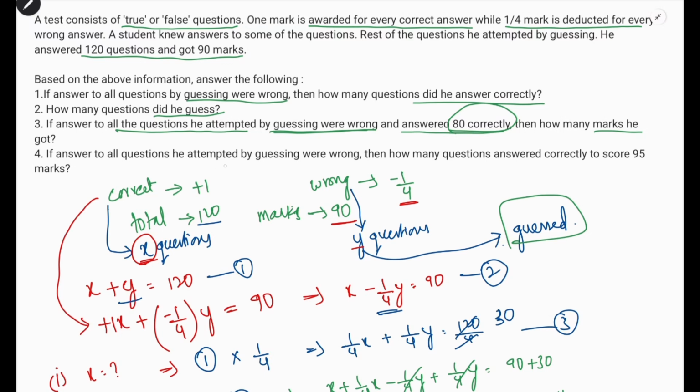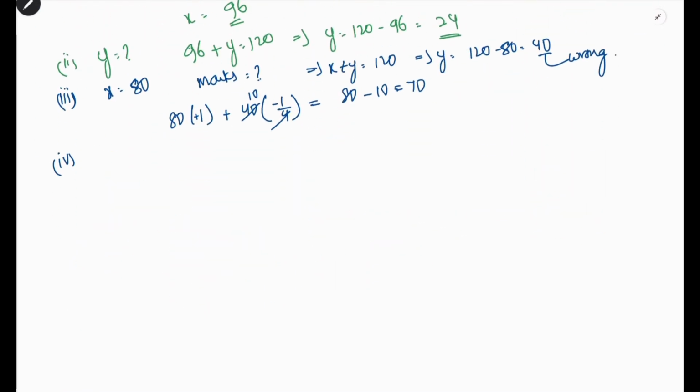If answers to all questions he attempted by guessing were wrong, then how many questions must be answered correctly to score 95 marks? So he scored 95 marks, and it is asking how many questions were correct. The marks obtained here is 95, and the correct questions he attempted is x. If x plus y is 120, what is the y value?